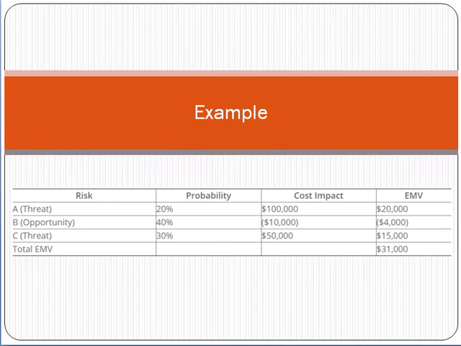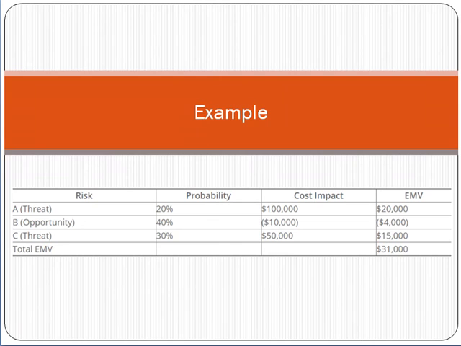Now friend, at the end I just want to show you a simple example. For example, there are three risks in a project: A, B and C. You can take any example for these risks. A is a threat, B is an opportunity, and C is a threat.